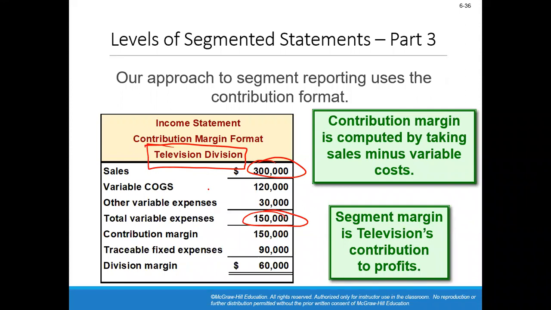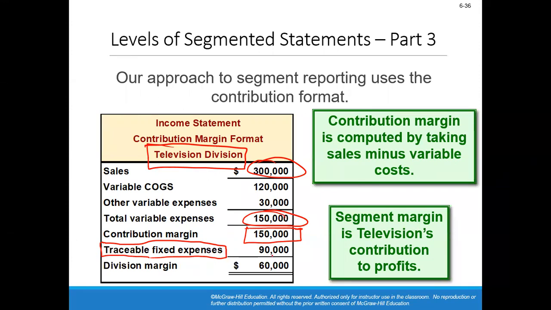The answer is, from the contribution margin of a segment, you have to subtract only the traceable fixed expenses for the segment. Note that we are not including any common fixed expenses here.